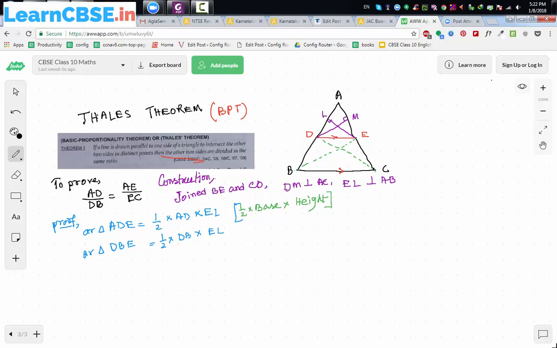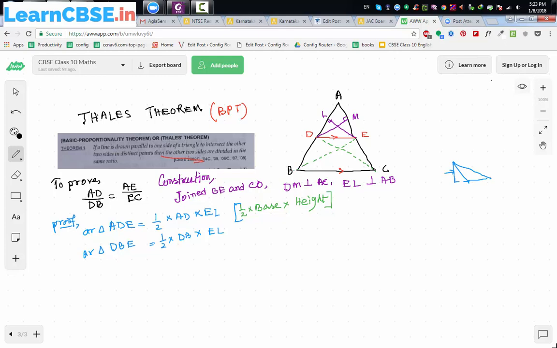Sometimes we can encounter a situation where the triangle is drawn something like this, and the perpendicular or the height can be outside the triangle also. But still that is the perpendicular, the height of the triangle. So in that way, we got the triangle DBE area as half into DB into EL.